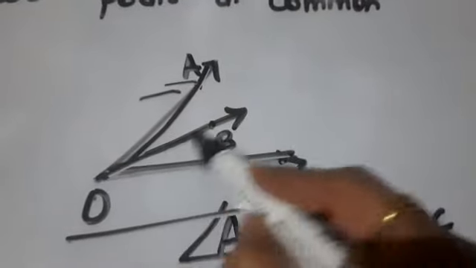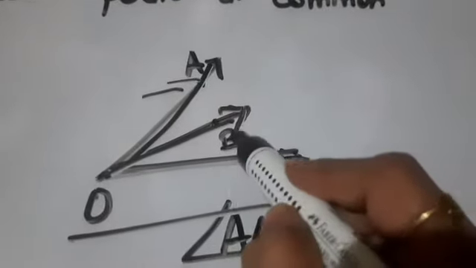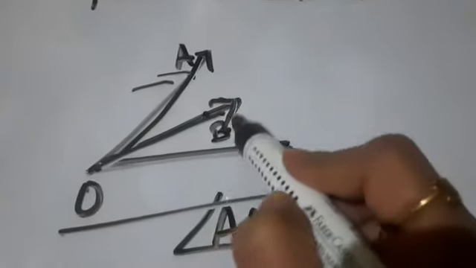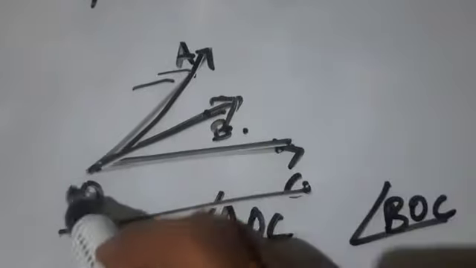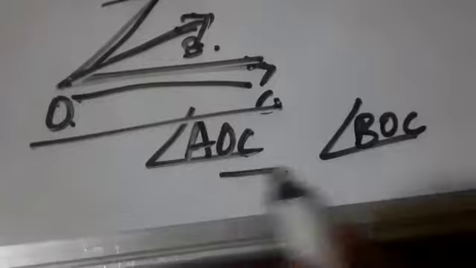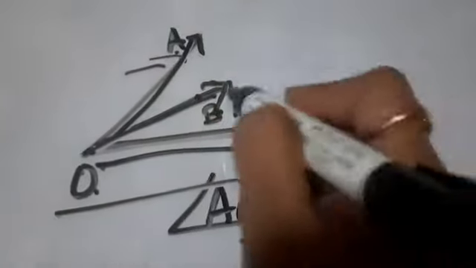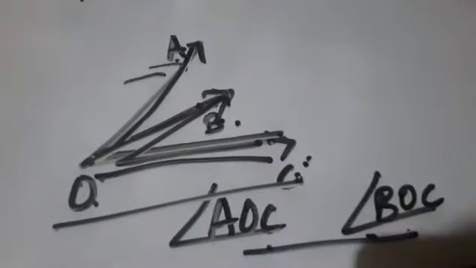Then from the vertex I have drawn one more angle named BOC, which shares the points O and C. So O and C are the common points for angle AOC and angle BOC.